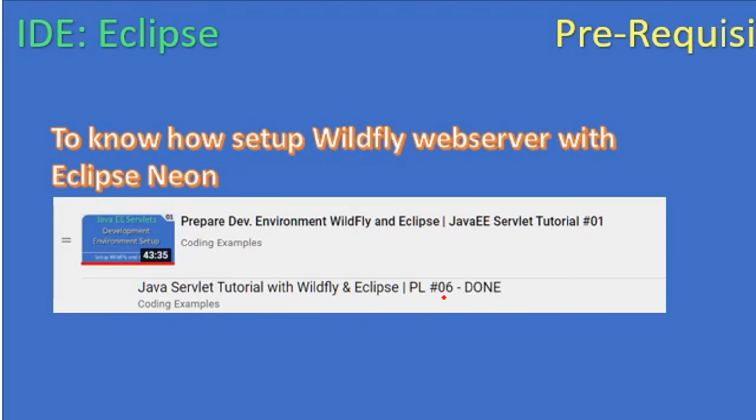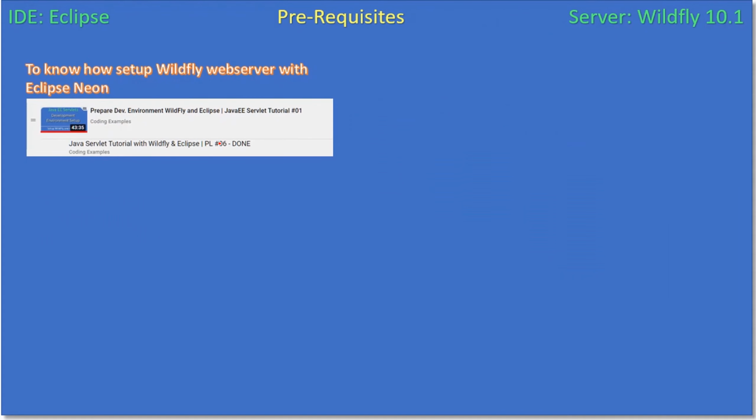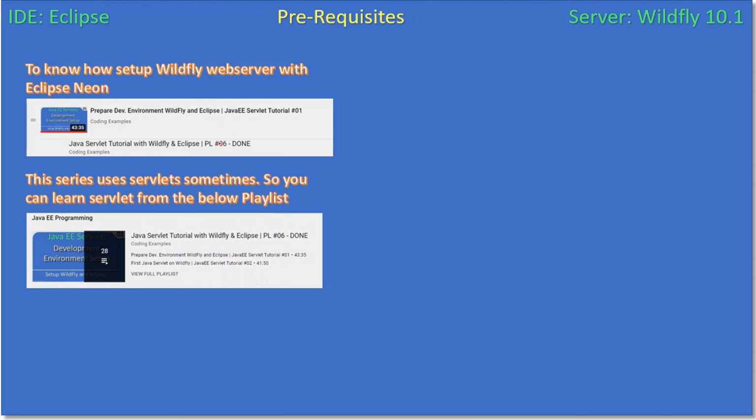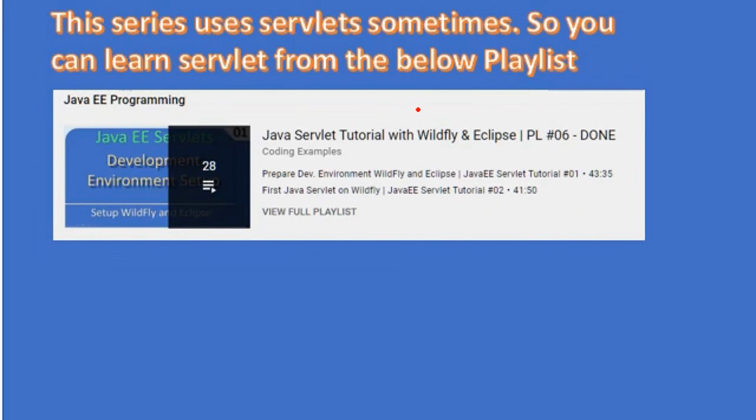This playlist is for Java Servlet. This one is optional, and if you want you can watch all these 28 series. Why? Because in this JSP tutorial sometimes we will use a servlet also. So if you have some basic knowledge of servlet, that will serve the purpose here.